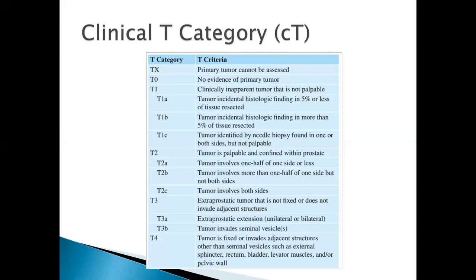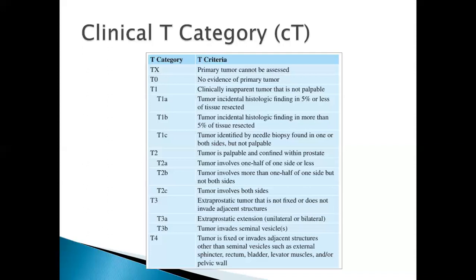Now, these are findings on TURPs, okay? So the transurethral resection of the prostate, okay? TURP can be done for benign reasons, okay? And when it's done for benign reasons, but then they find cancer, that's called an incidental histological finding, okay?